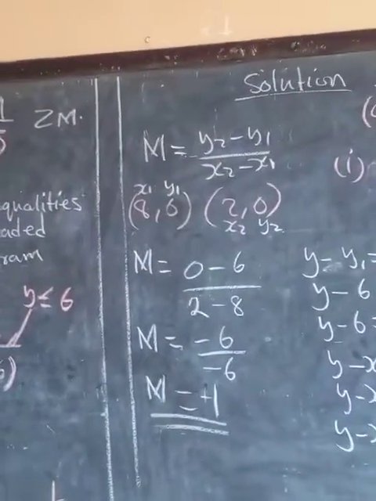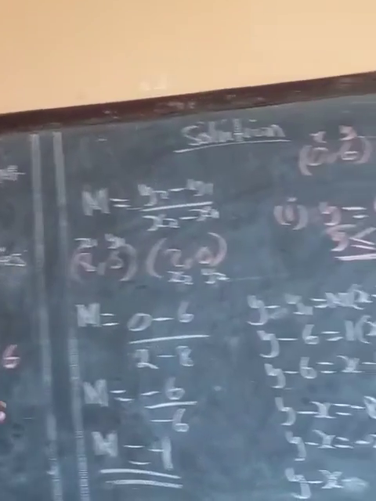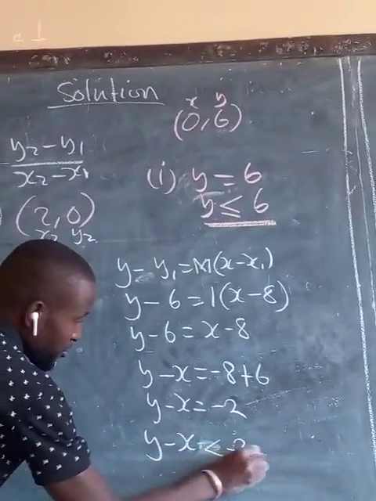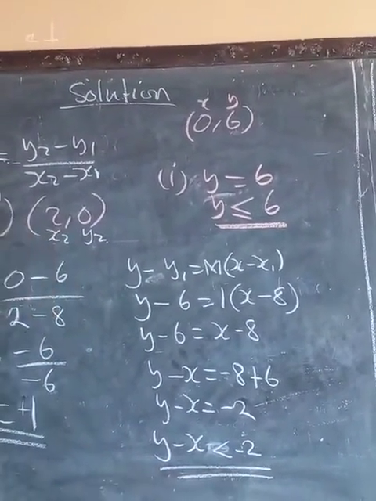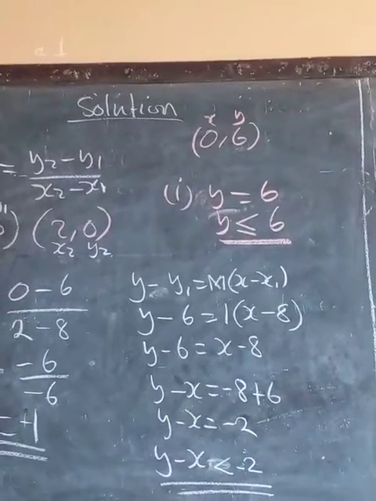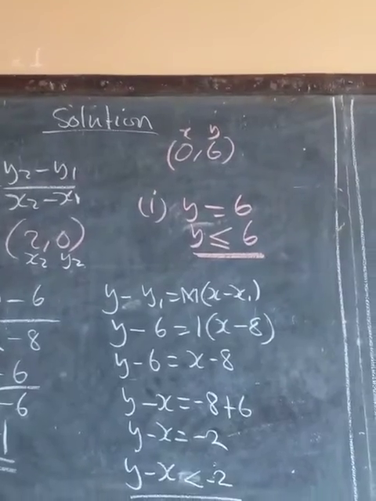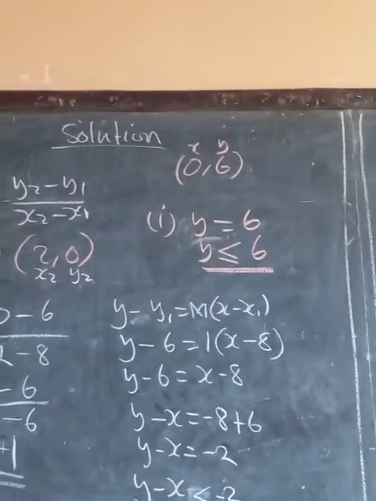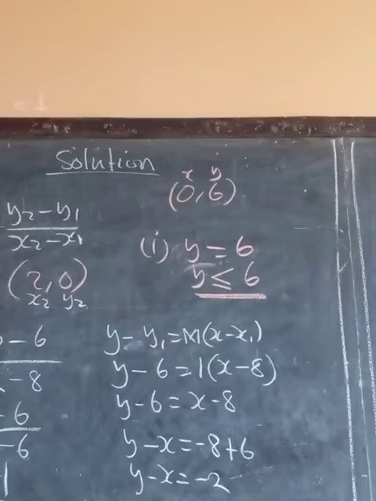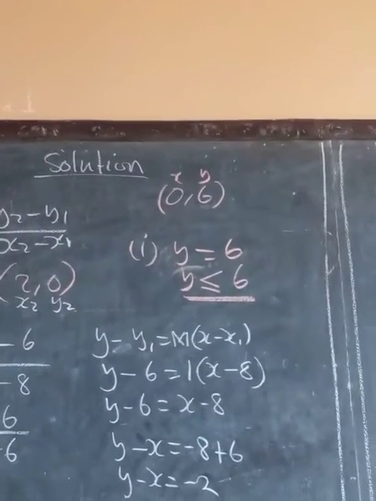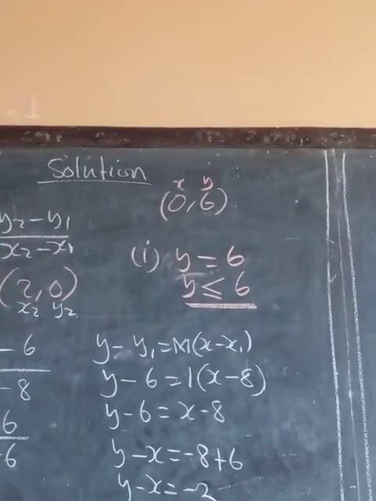This side is greater and they've left the lesser part. So it will be less than negative 2. And this will be my second inequality, as you can see. We have put less than here because the line is a dotted, broken line. It is not a solid line like this one or this one, but a dotted, broken line. Hence, we leave it there.